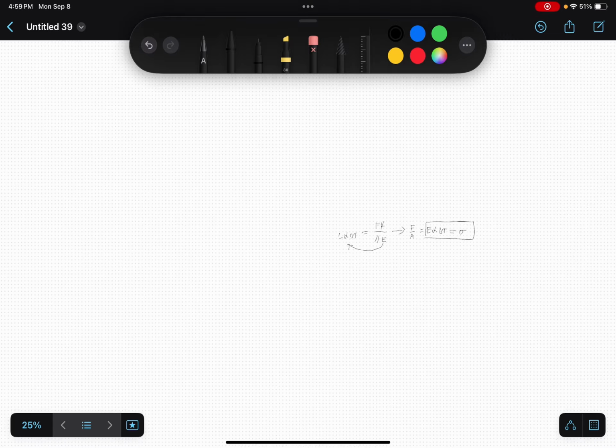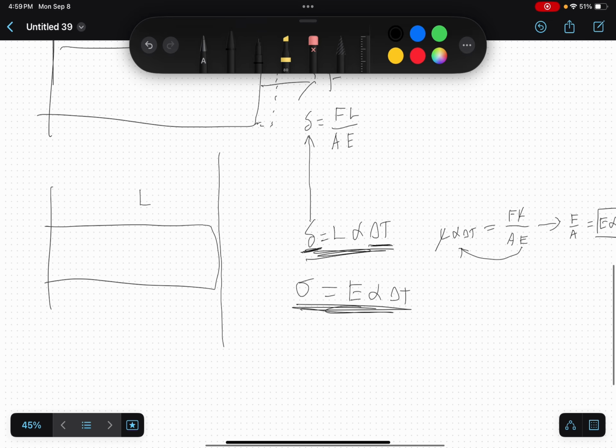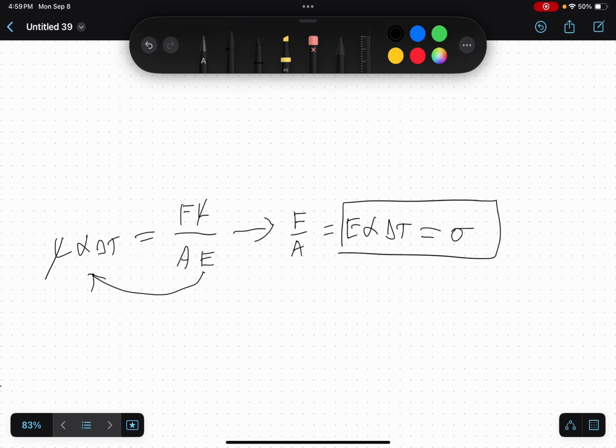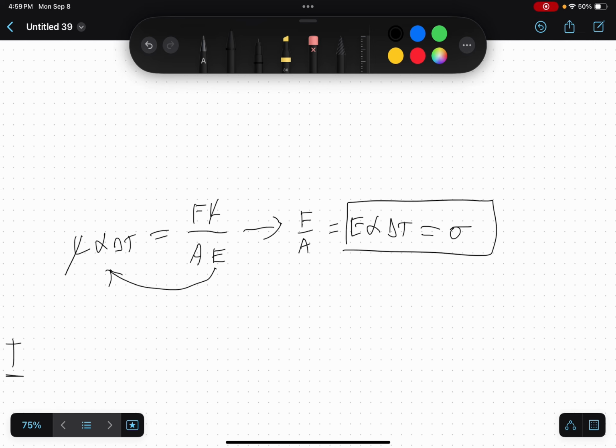So that's the derivation. So if you restrict its expansion, instead of expanding, it'll produce normal stress inside of the beam. Okay, so that's it for that.